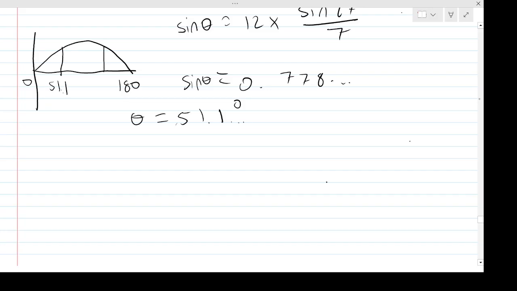So to find the other solution, it's going to be 180 take away my angle 51.1, again because the gaps at both ends are the same. So anyway, if I do that on a calculator, I get 180 take away this 51.1.